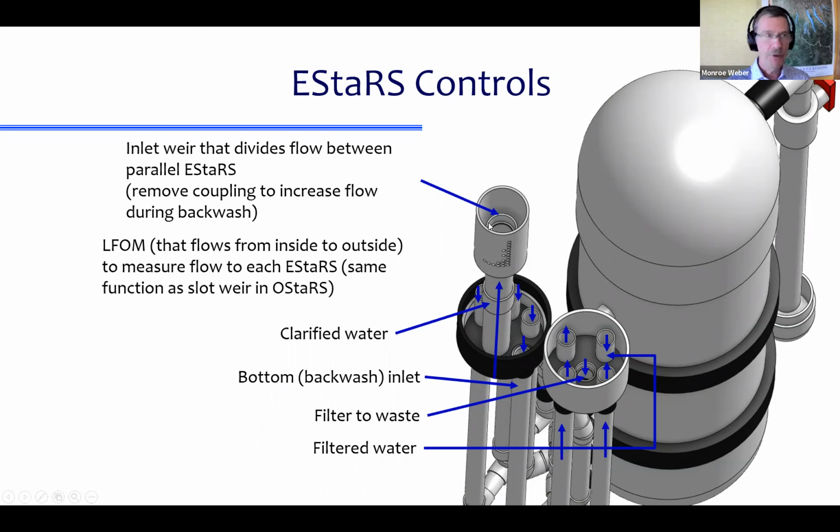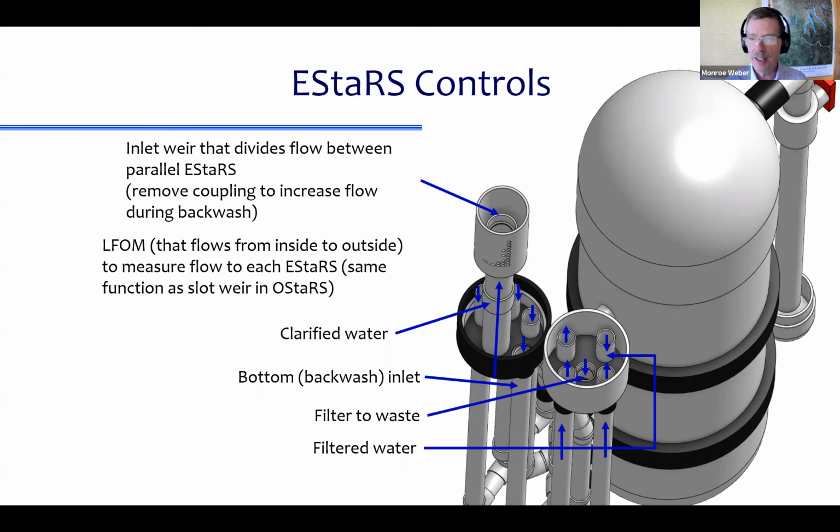And if you have multiple of these filters working in parallel, it's important to make sure that each of their weirs is at the same elevation, because that's what distributes the flow evenly between the filters. If the flow rate through your plant is low, remember we had a trick with the O-stars, the open stacked rapid sand filter, that we could open up a weir and get more flow to a filter so we could backwash it.